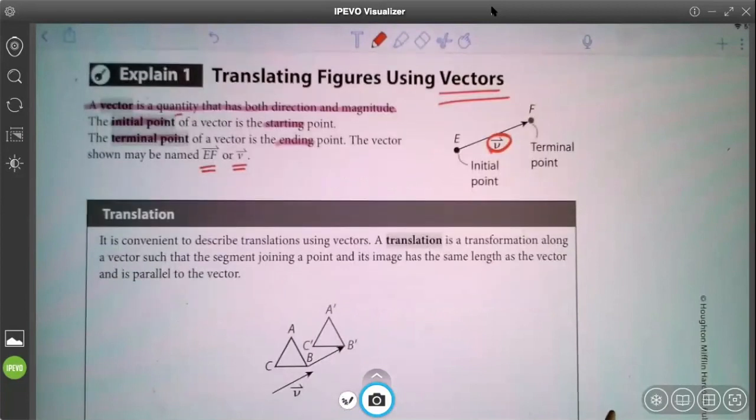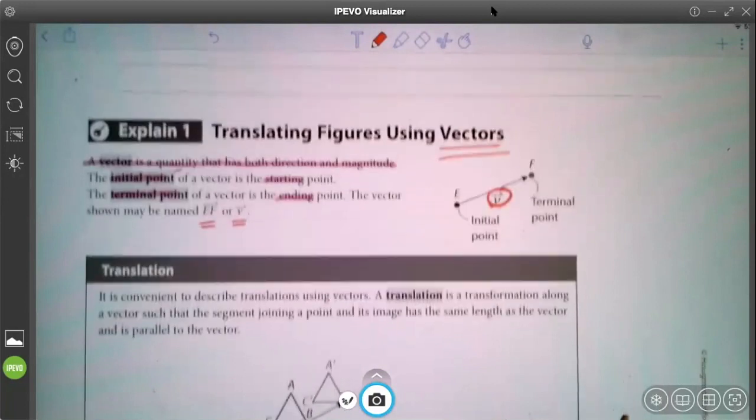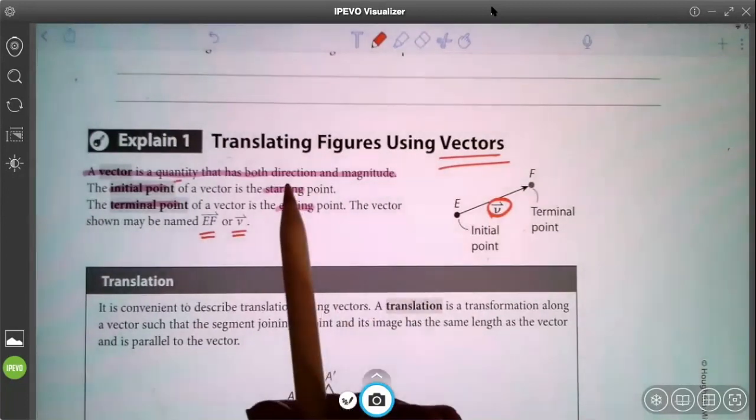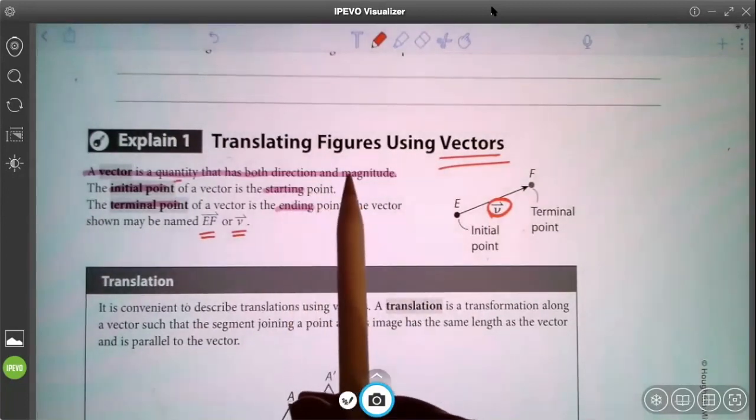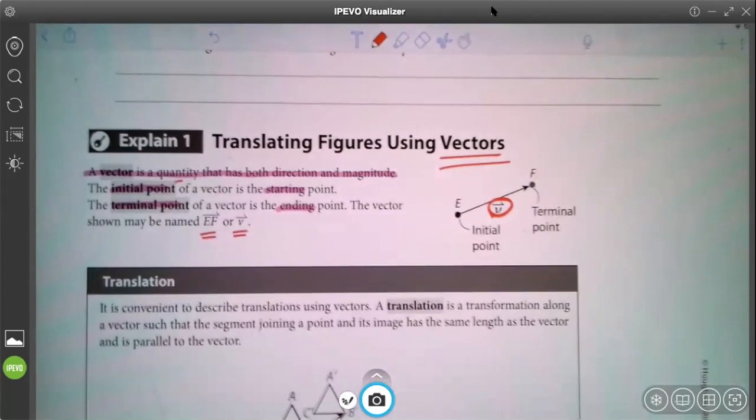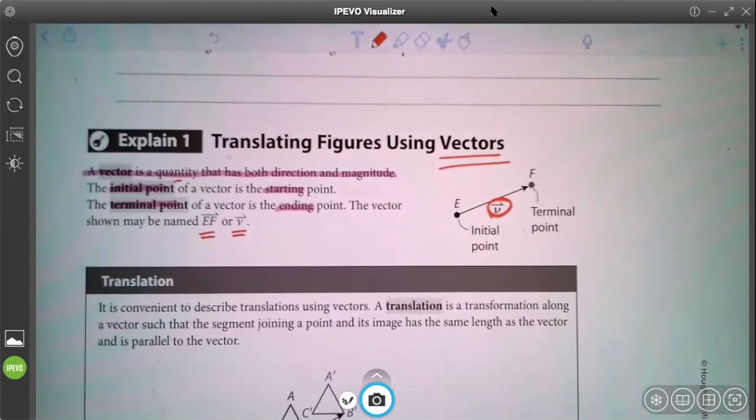And a vector is a type of a translation because direction and magnitude are really kind of the same thing as distance and direction. You can see direction, those are going to line up. Magnitude is really just an amount. It's a more general quantity that means an amount, whereas distance is the more specific term that was used on the previous page. So a vector is a type of translation.